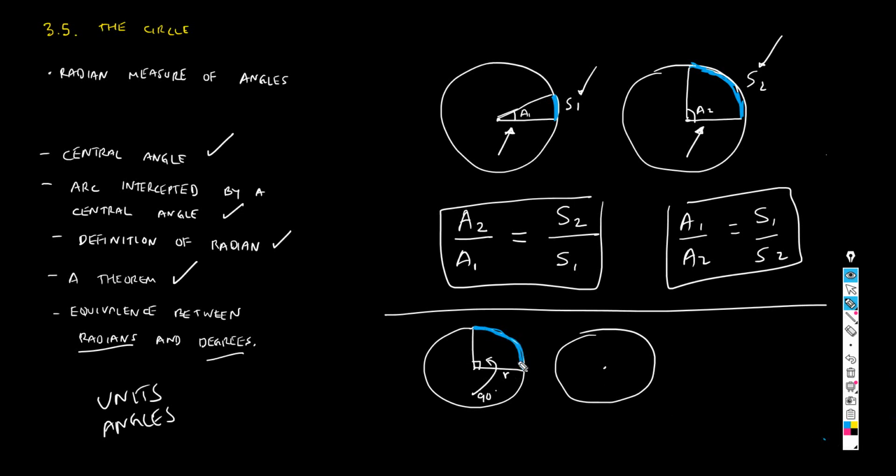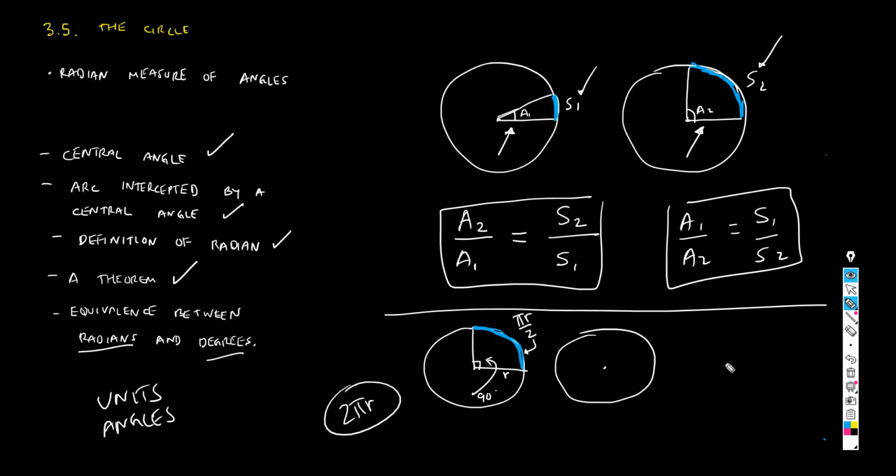If this is just 1/4 of a full circumference, then, since the full circumference of a circle measures 2 pi r, 1/4 of that will be just pi r over 2. If you divide this by 4, this is what you're going to get. So this blue arc measures pi r over 2.